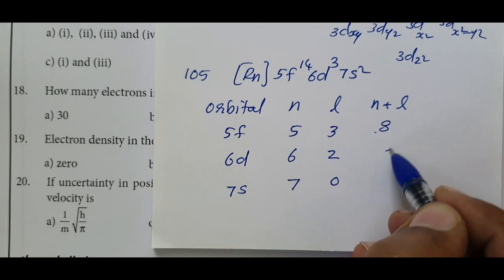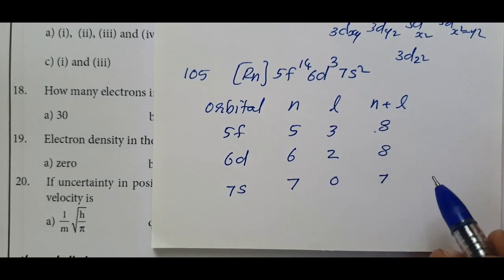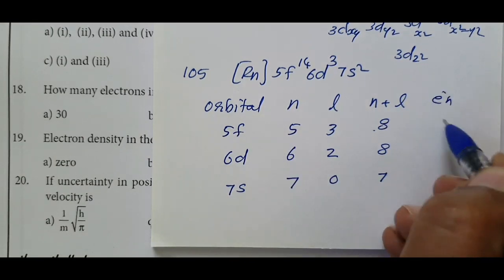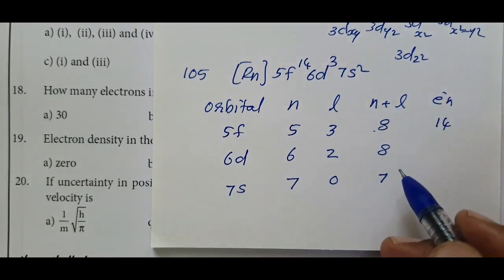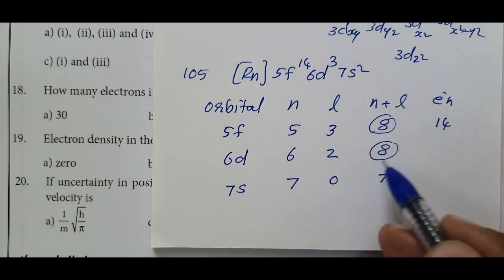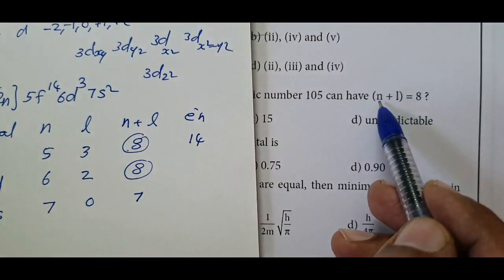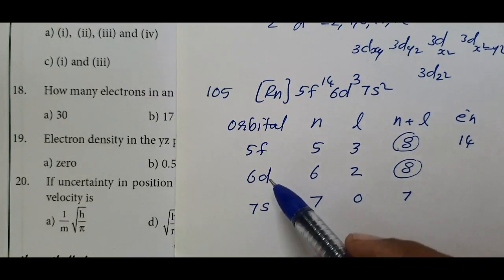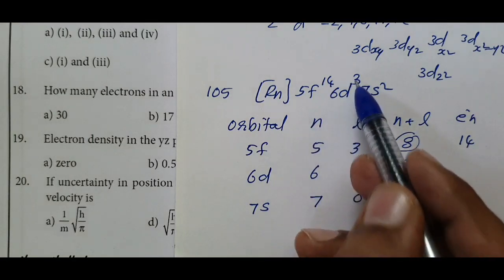Here n plus L is 8, 8, 7. 5f orbital, total number of electrons is 14, and 6d, 6 plus 2 is 8, so 8. Question is asked here, n plus L value equal to 8, we have 2 orbitals. D orbital, how many electrons do we have? 3.